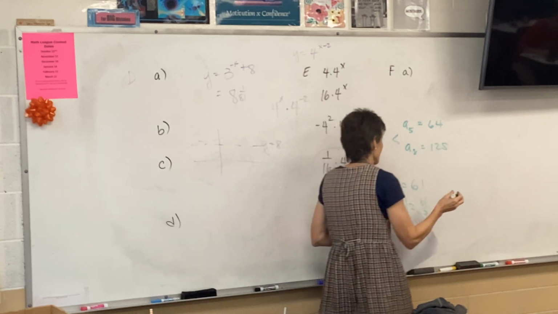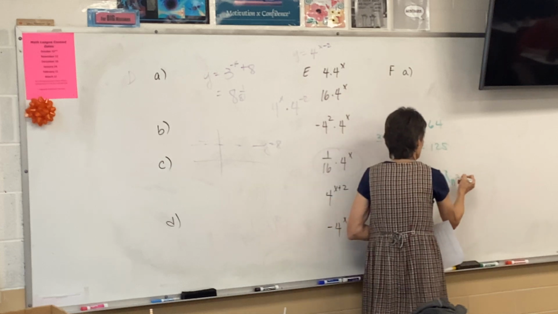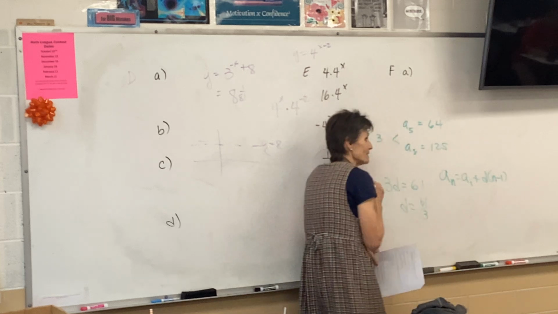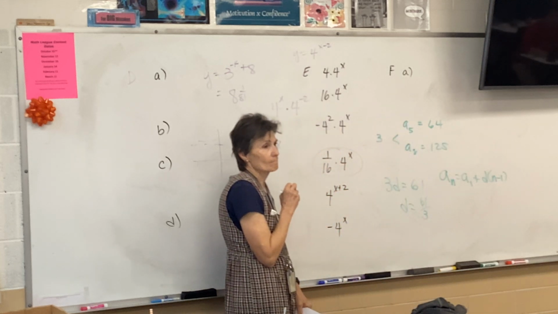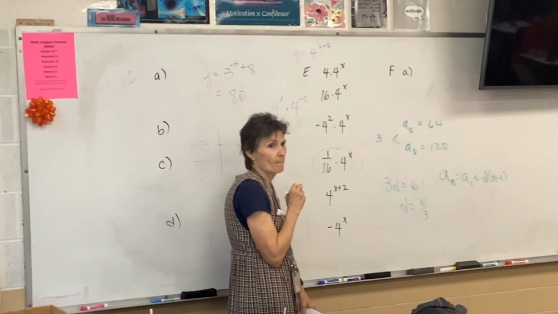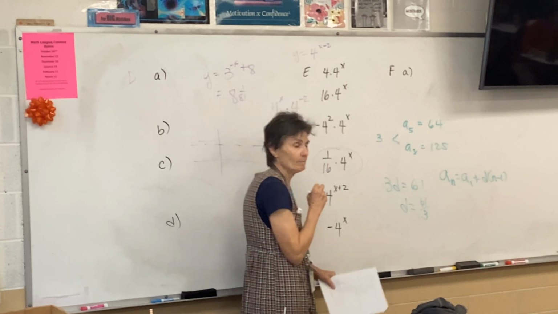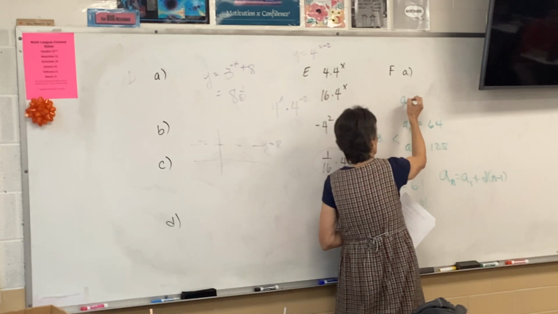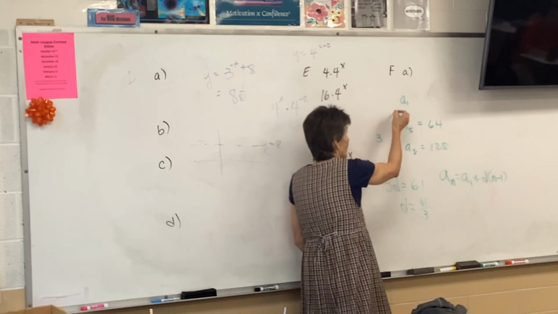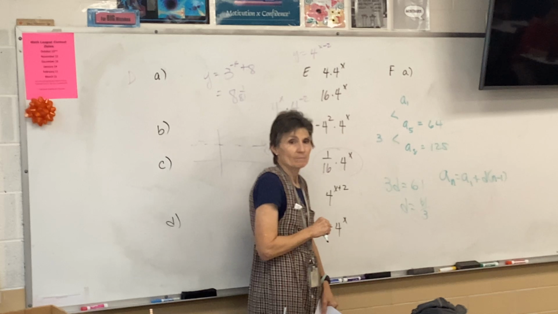The explicit rule would be this. What am I missing? Do I not know my first term? So I'd have to go backwards and get my first term, which means I would have to do what?